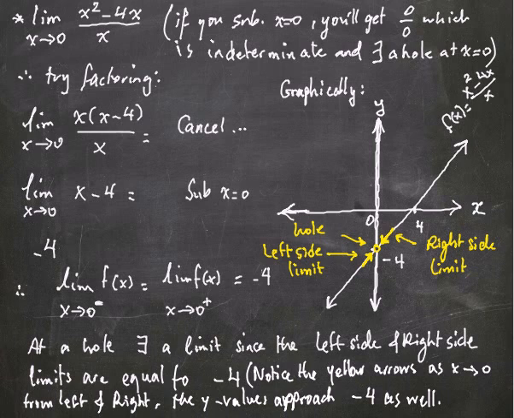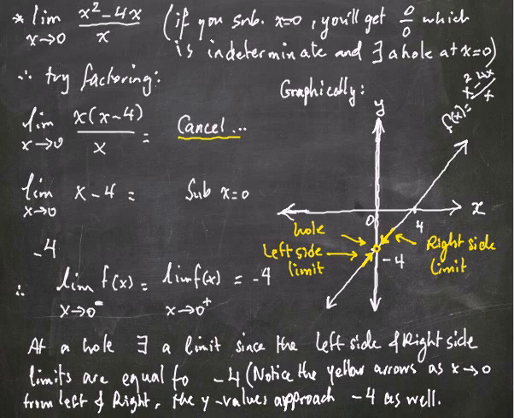So we're going to try factoring. That's our strategy. We substitute first the value x is approaching. If that doesn't work, we try factoring. Upon factoring, we realize that we can factor x from the numerator, and that will help us see that we can cancel out the x values from the numerator and the denominator.